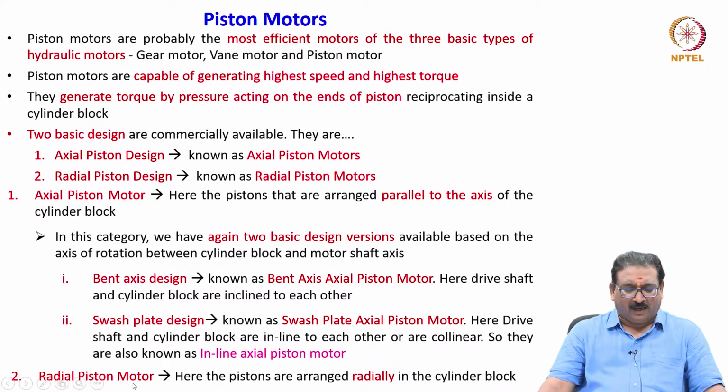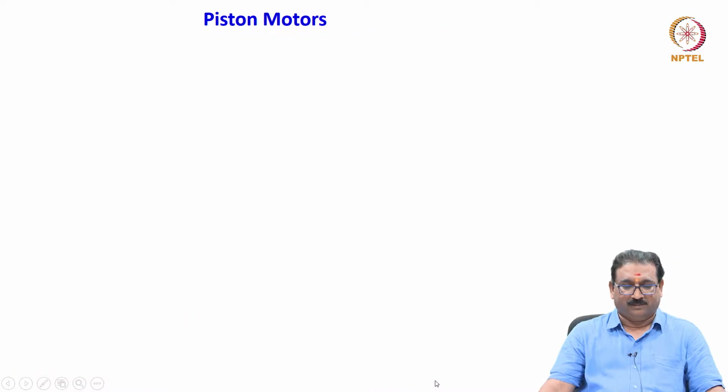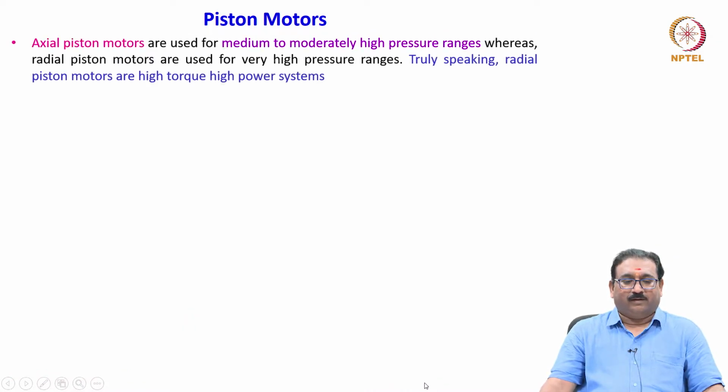In the case of the radial piston motor, the pistons are arranged radially in the cylinder block. Axial piston motors are used for medium to moderately high pressure ranges, whereas radial piston motors are used for very high pressure ranges.